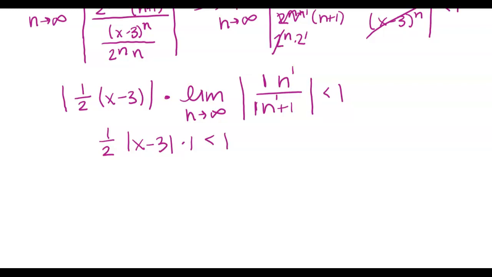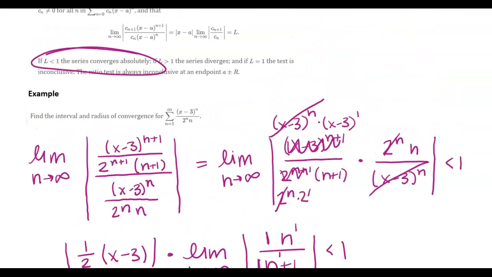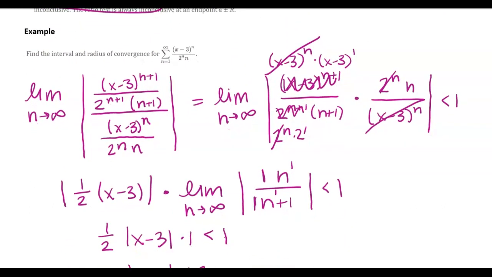1/2 times the absolute value of x minus 3 is less than 1. That means the absolute value of x minus 3 must be less than 2 if I multiply the 2 over here. And if you notice back in the beginning, I know I said we're normally going to look at a being 0, but this power series right here, x minus 3, means that this is centered at 3.